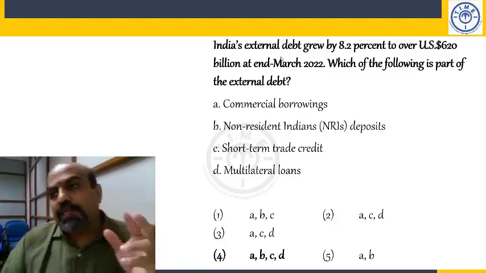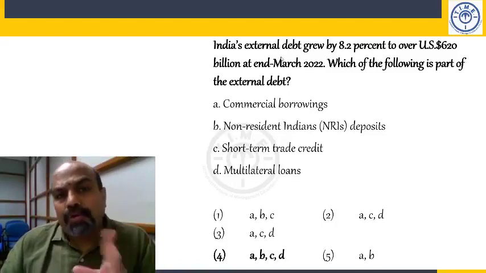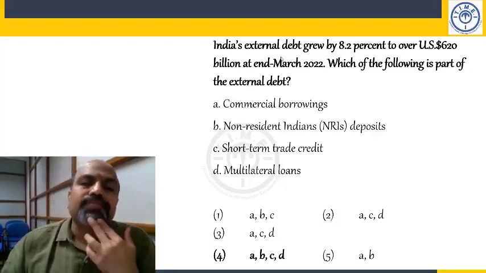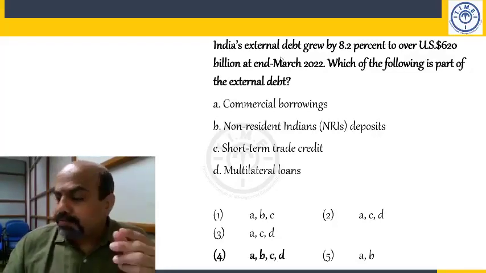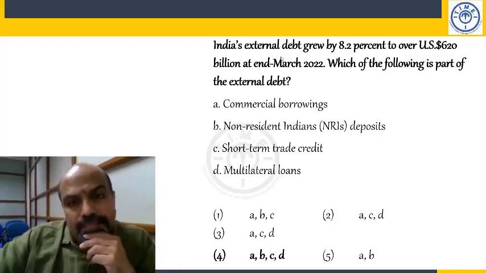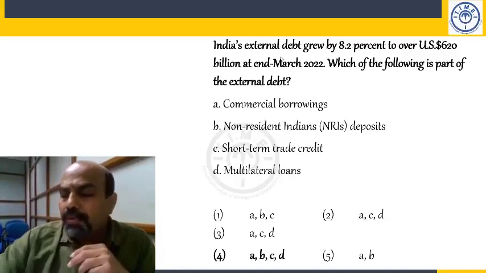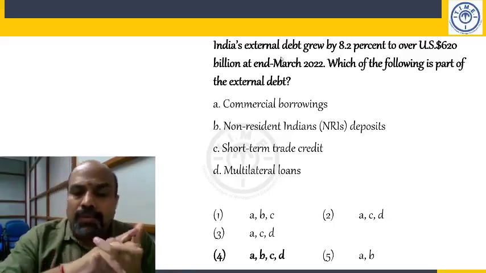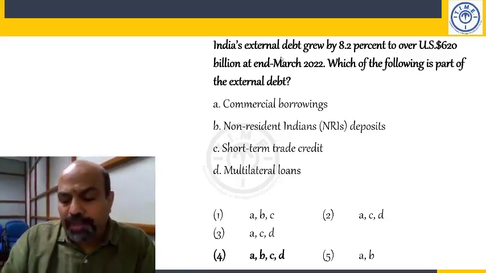External commercial borrowings, dash, funds borrowed by Indian companies from outside India, $250 billion.